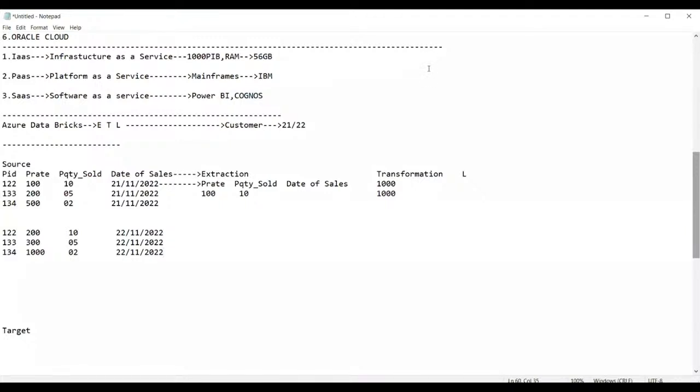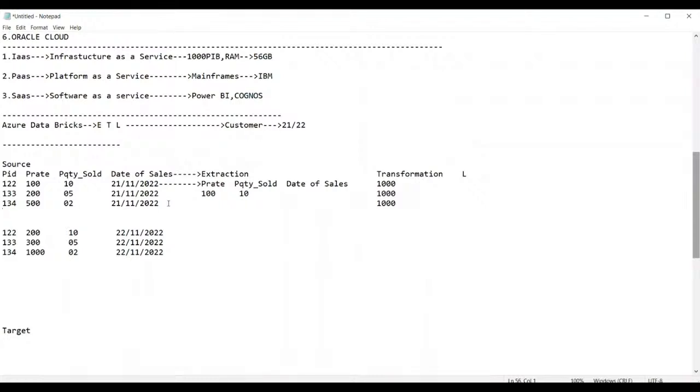Yes. Now, see here. We were discussing the calculations. 100 into 10 is 1000. 200 into 5 is 1000. 500 into 2 is 1000. Now calculate the sum here.